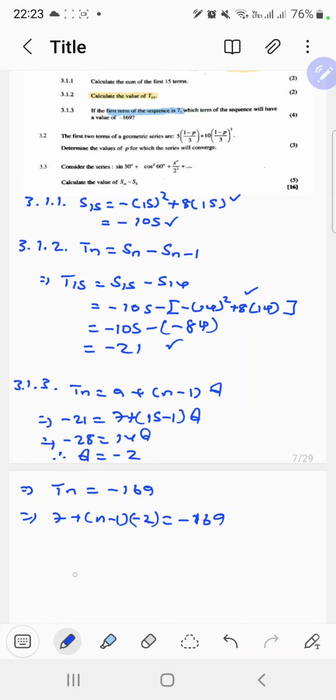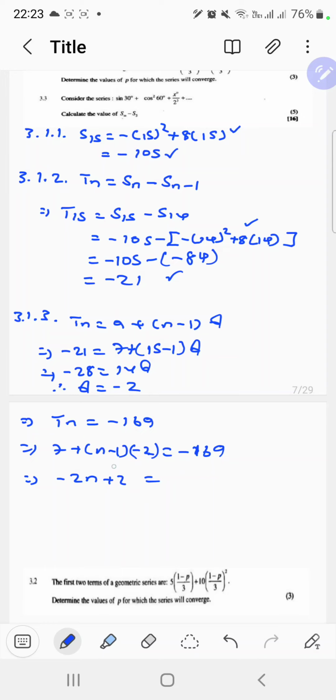This implies that minus 2n plus 2 is equal to, when we add 7 there, minus 176. And then of course we're going to add 2 as well, so minus 2n is equal to minus 178.